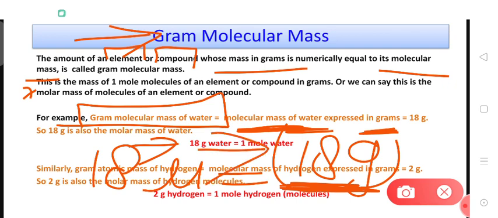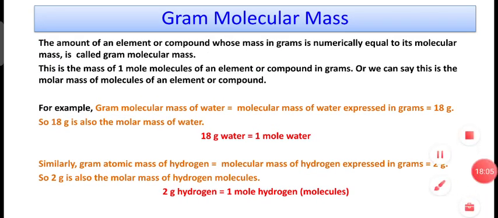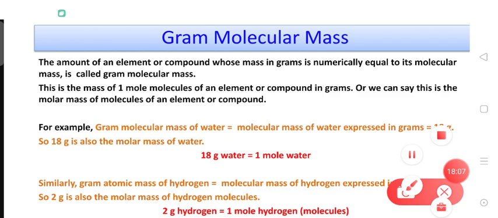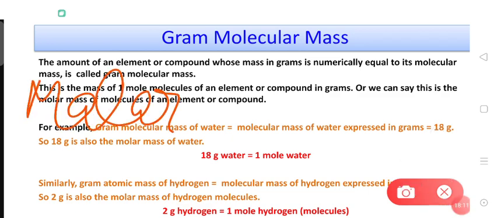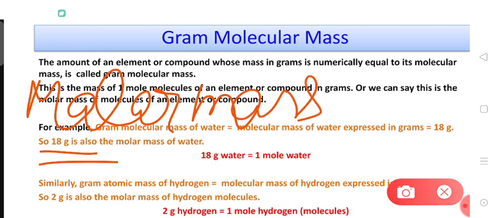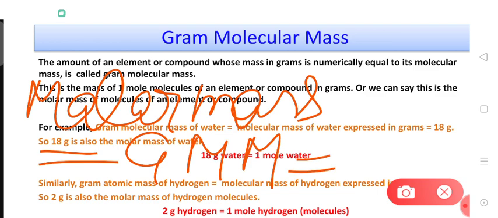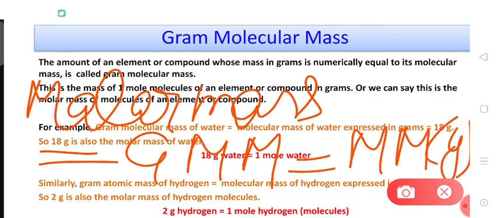We can say 18 gram is 1 mole of water. So again I would like to tell you the relation: molar mass simply means 1 mole quantity. This is equal to the gram molecular mass of the substance, and this is calculated by molecular mass expressed in grams.